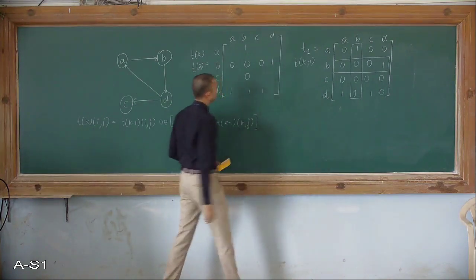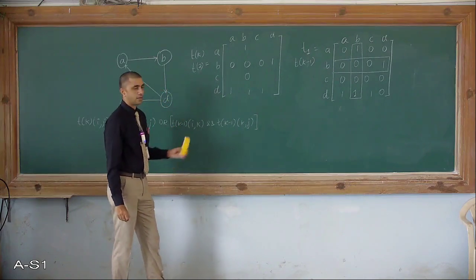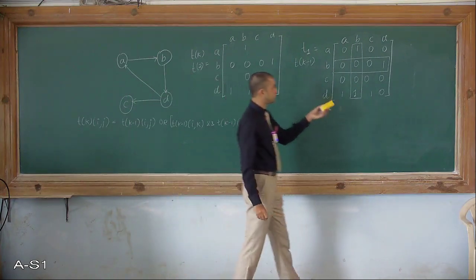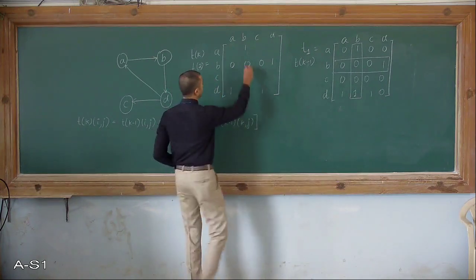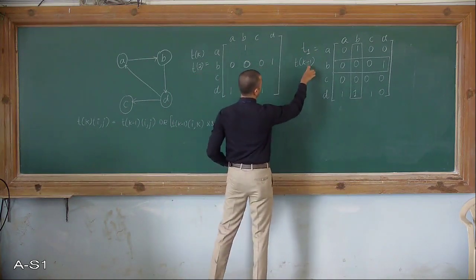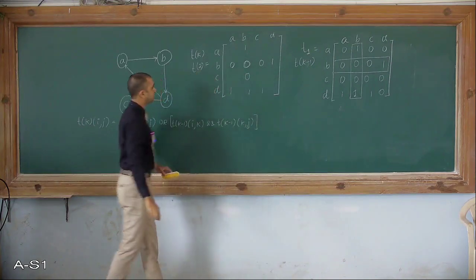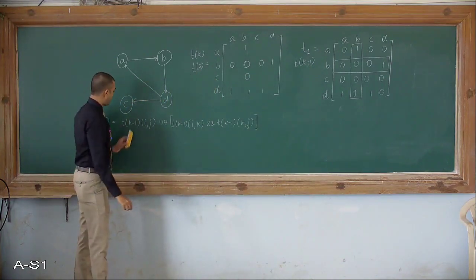Alright. Next, I'm going to try to convert all the remaining zeros to ones using the intermediate vertex B. So now this is my T of K minus 1 and this is my T of K. Apply this rule.